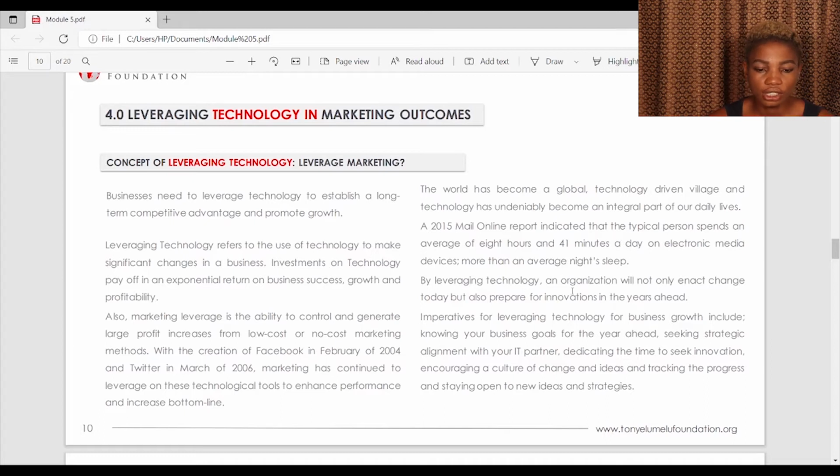By leveraging technology, an organization will not only enact change today, but also prepare for innovations in the years ahead. Imperatives for leveraging technology for business growth include knowing your business goals for the year ahead, seeking strategic alignment with your IT partner, indicating the time to seek innovation, encouraging a culture of change and ideas, tracking the progress and staying open to new ideas and strategies.